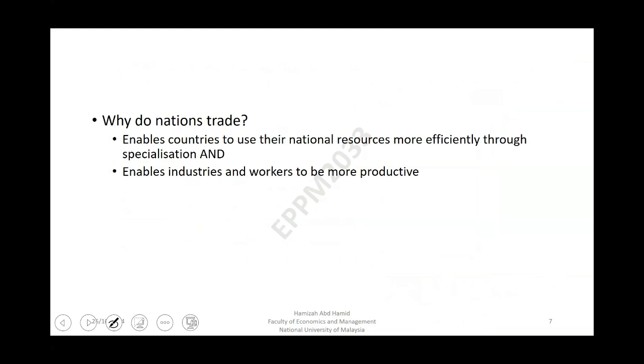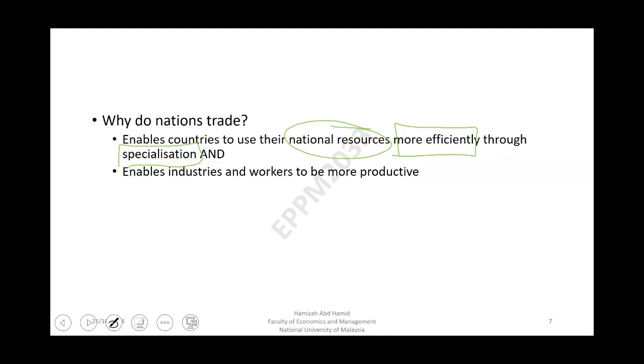Why do nations trade? It encourages countries to use their national resources more efficiently, and trading, doing business with each other, import, export, will help them trade efficiently and to increase their national wealth through specialization.